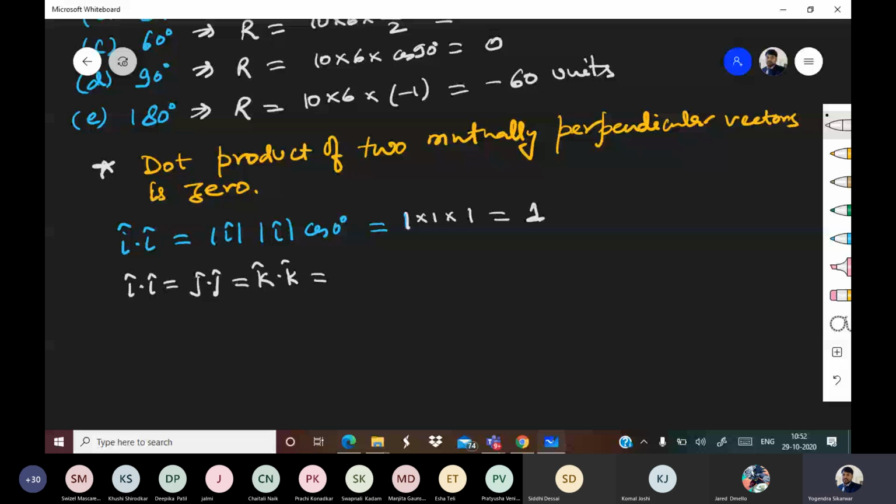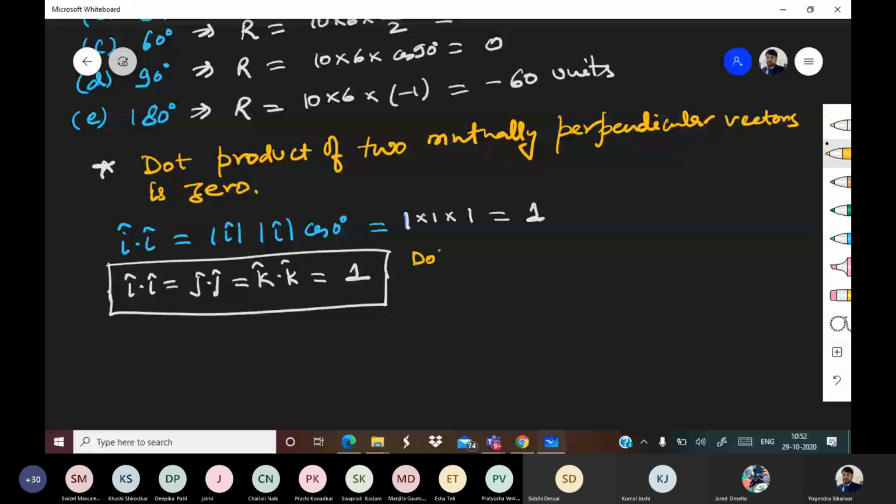The dot product of a unit vector with itself gives 1.